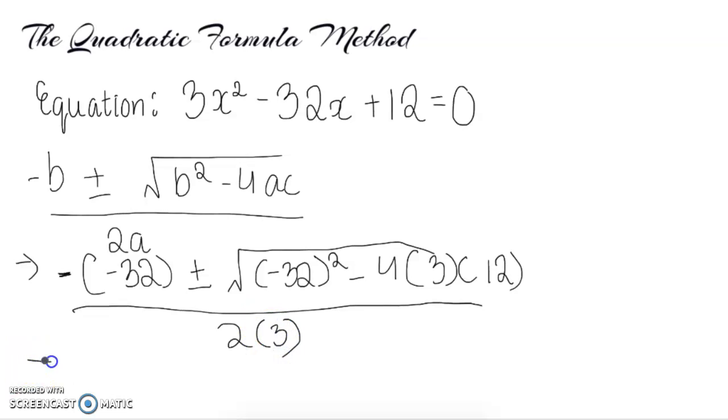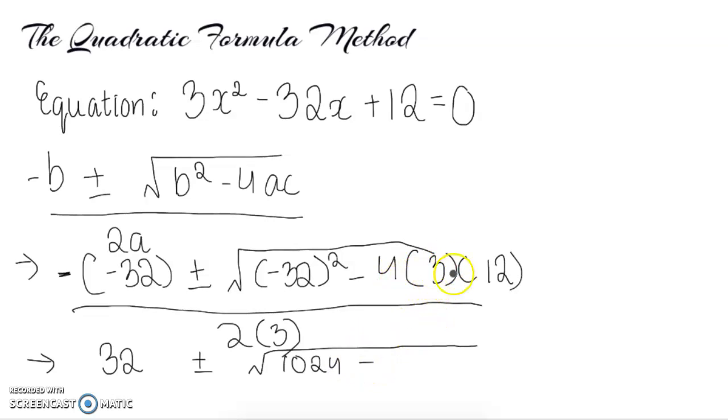Now, minus 32 is the opposite of minus 32, which is 32, plus or minus root minus 32 times minus 32 is equal to 1024, minus 4 times 3 is 12, 12 times 12 is 144, all over 2 times 3, which is 6.